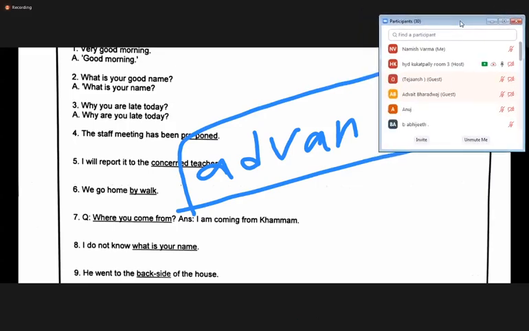Generally, we think that the exams are preponed, but it is wrong. Postponed is there, but preponed is not. Postponed is correct: the staff meeting has been postponed. If it comes before the schedule, then we say not preponed but advanced.